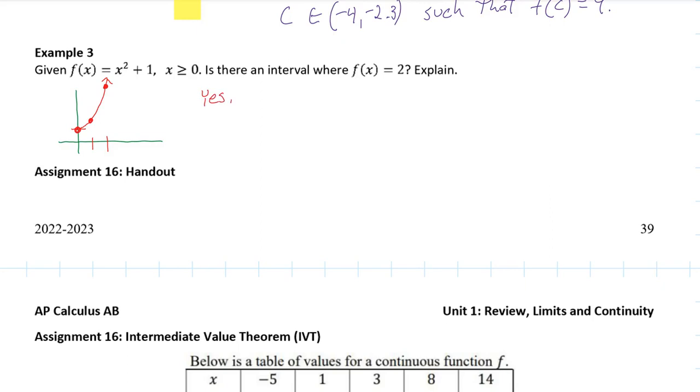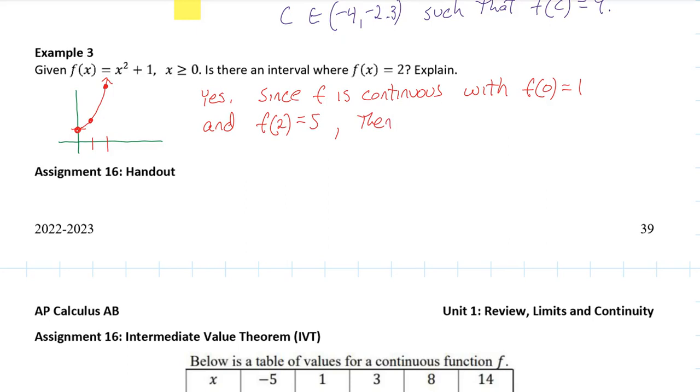I would even say, maybe I give the interval now, maybe I give it later, but I would say, since f is continuous, and again, all I have to do is show a value below and a value above. I know that f of 0 is equal to 1, and f of 2 is equal to 5.